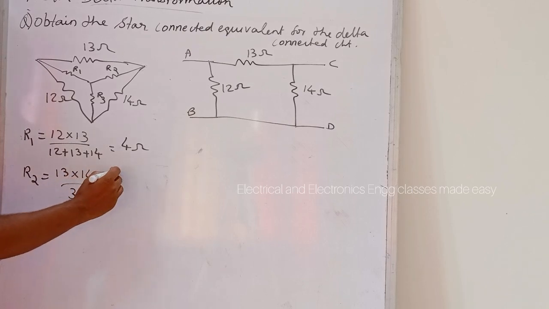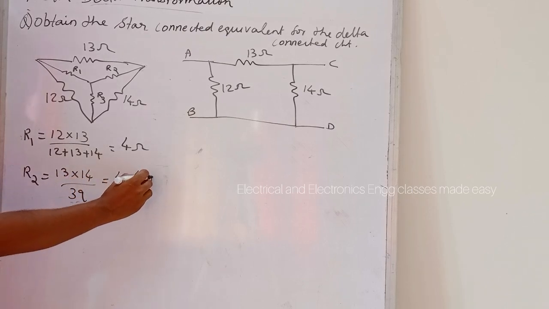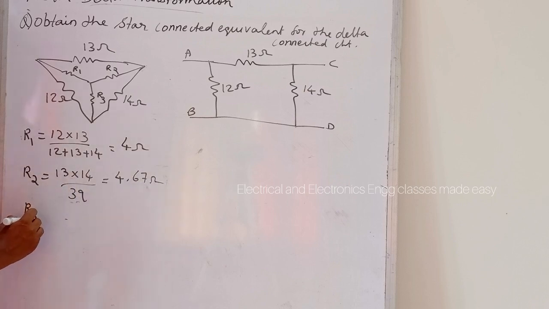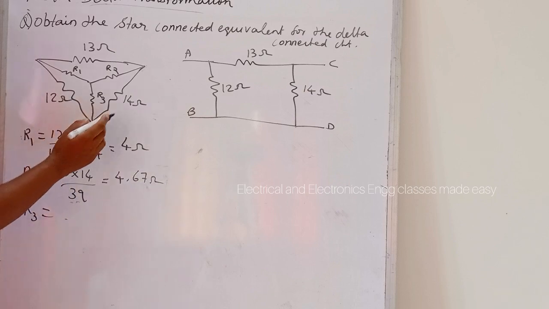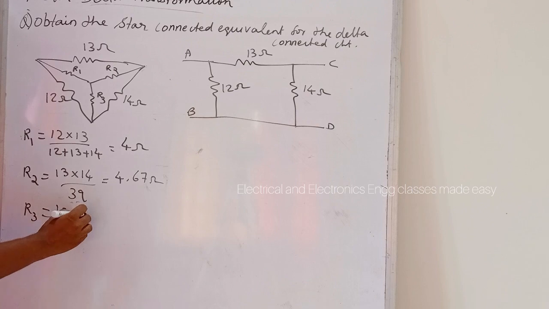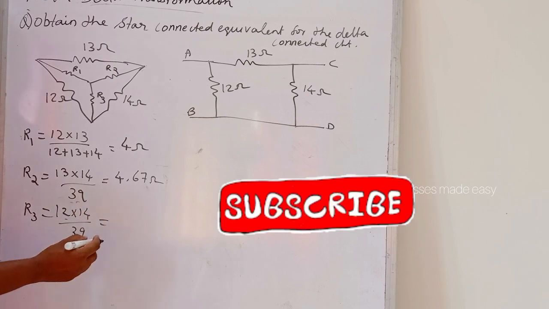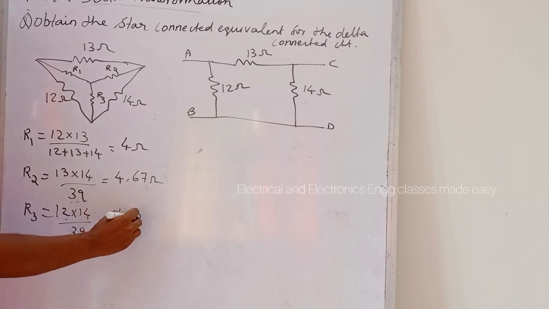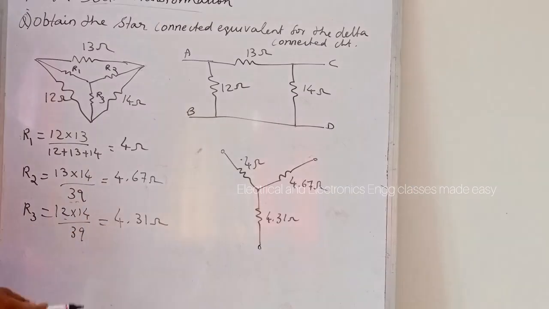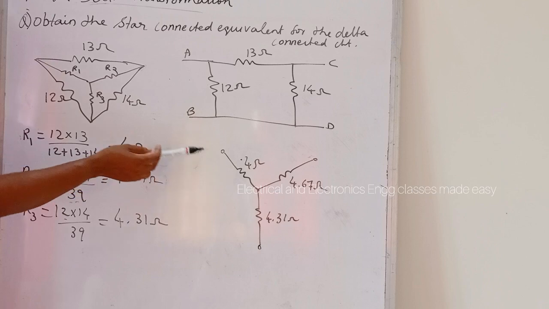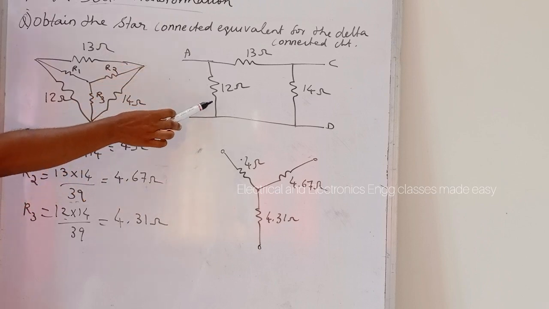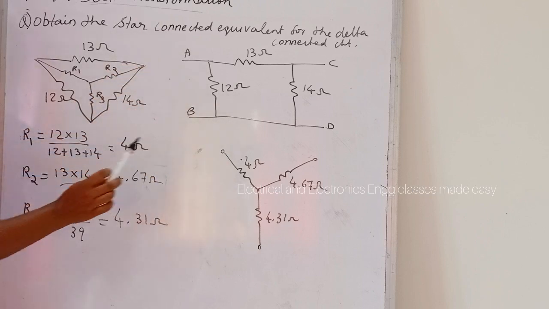So R2 is equal to 4.67 ohms. Then what is R3? R3 is 12 into 14 divided by 39, and that is equal to 4.31 ohms. So this is the new star connected equivalent circuit for this delta connected circuit.